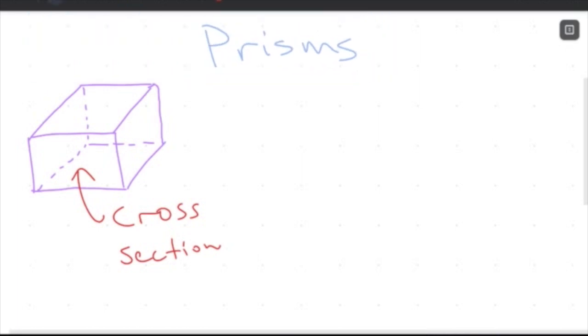Prisms don't just have to be these rectangular ones. For example, you can also get a triangular prism. So this thing here has, for example, instead of a rectangle going all the way through it, it has a triangle going through it.